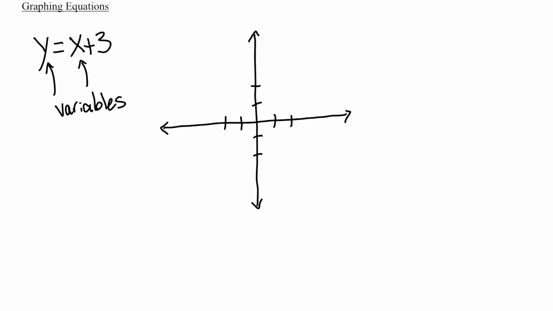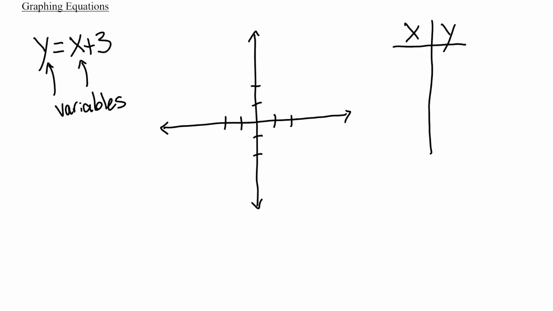Another thing we can do is make a table of x and y values. Like I said, the y value will change depending on what the x value is, or vice versa.